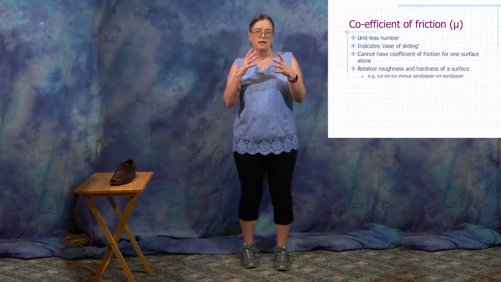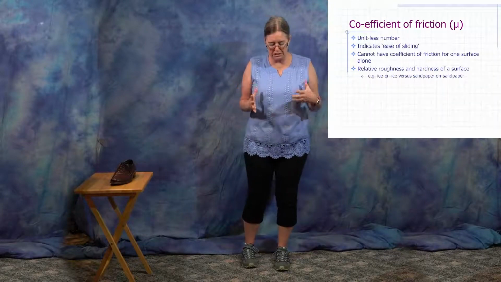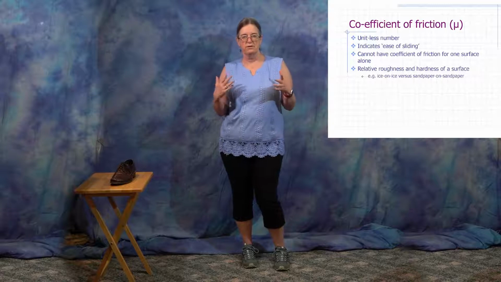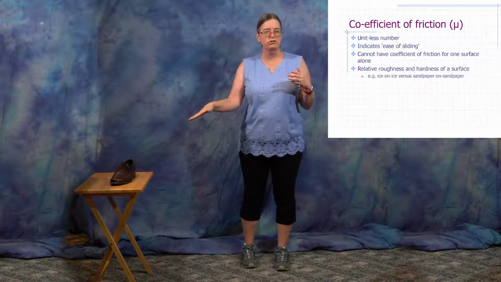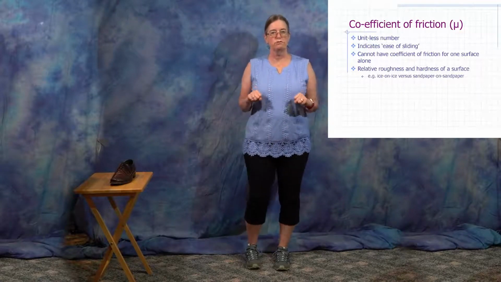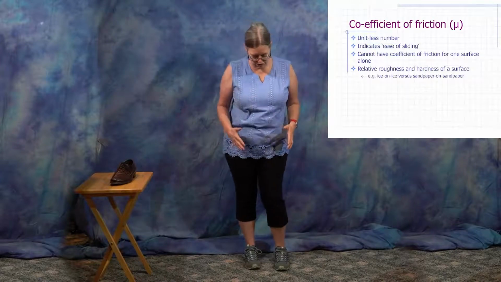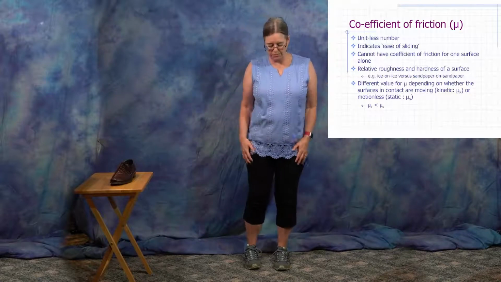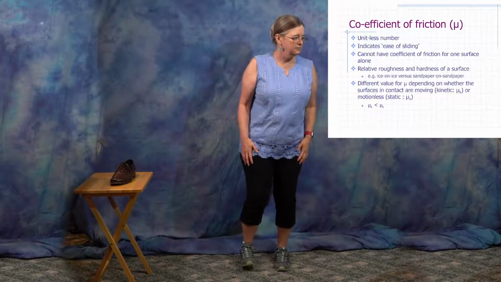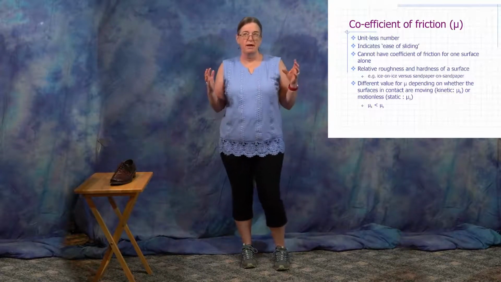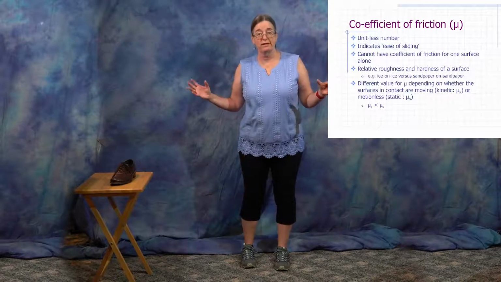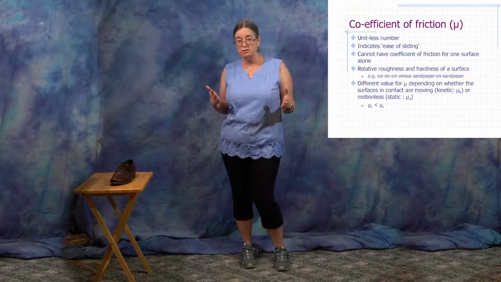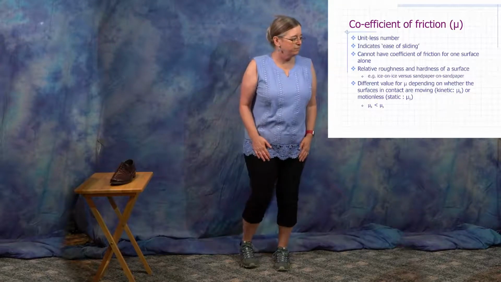So it sort of depends on that smoothness piece. It also depends on the materials that are involved. You can think of a hard-soled dress shoe versus a softer rubber on the bottom of a running shoe. Of course, I'm emphasizing its role in ground reaction force, but this is between any two surfaces that would slide.